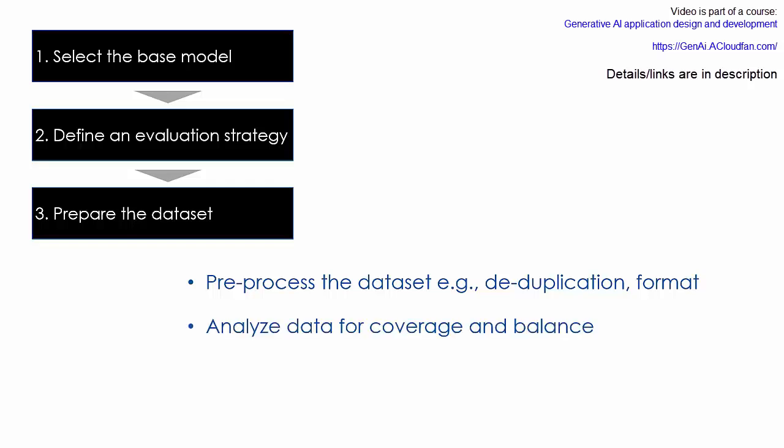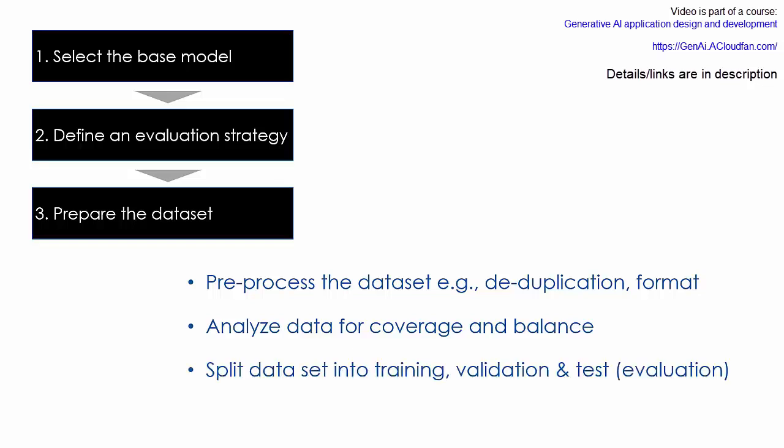For example, for the fraud detection task, you should aim for an even split between positive and negative samples to prevent bias. You will also need to split the dataset into training, validation, and test sets to ensure proper model evaluation. In addition to quality, quantity matters.